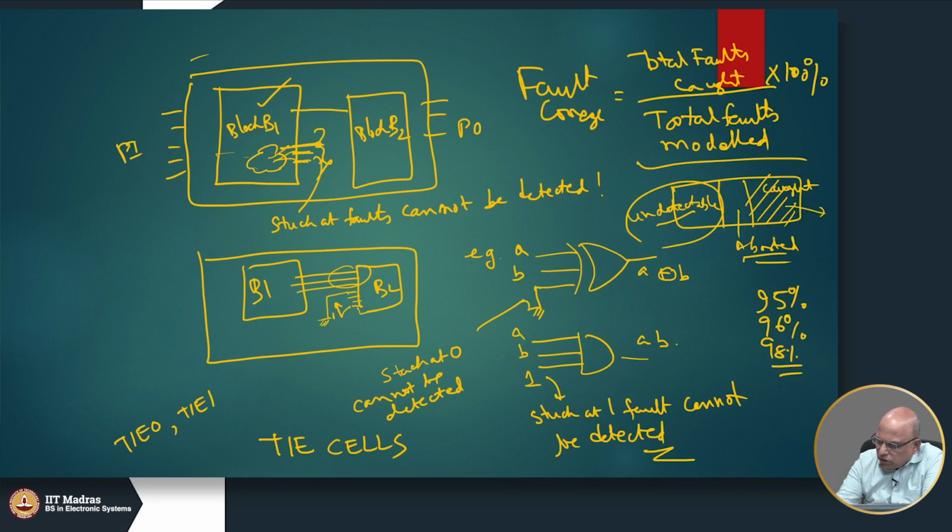But people will challenge you, hey, why are there so many aborted faults? What are you doing about them? Okay. So, one obvious thing you can do is you can increase the time that an ATPG tool takes to detect the fault. You can say, I will allow the tool more time. It will take a long time. Okay. Some of these tools may take hours and hours to generate test vectors.